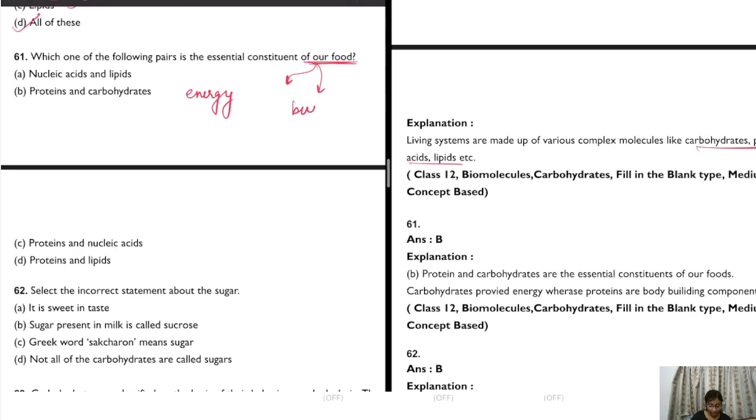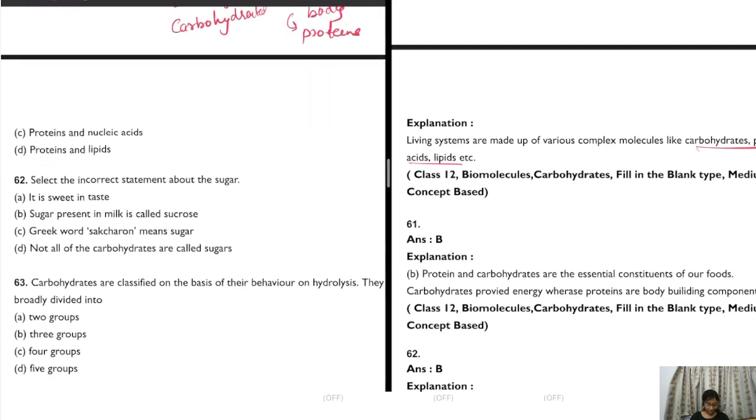So the building blocks for bodybuilding, right? We get energy from carbohydrates. And proteins are the bodybuilding components. So the answer would be proteins and carbohydrates. Now let's see the next question.